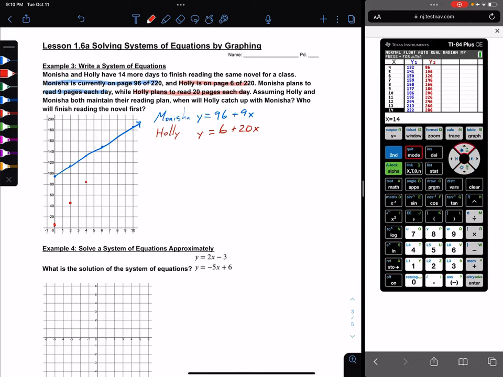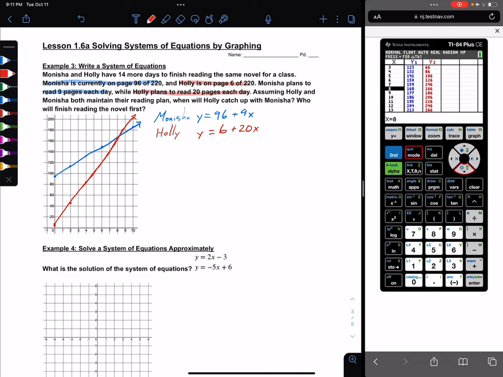I'm going to jump to 8, 166. So now that's pretty close. They're almost at the same point. And then at 10, she's at 206, so that's going to be here. Let's connect these and draw a line, something like that.